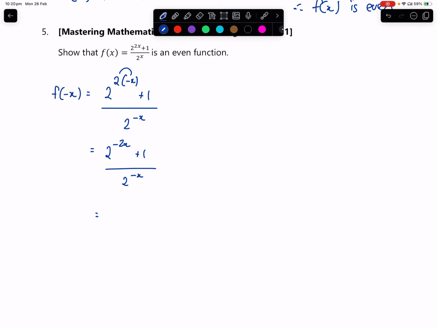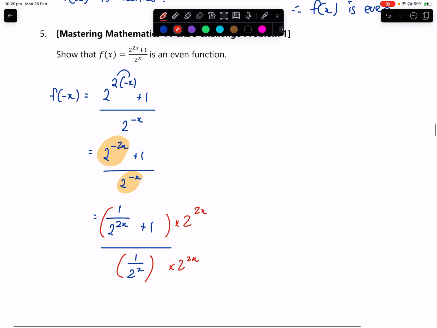Then each of these can change form because they're both negative powers. How they change is you write 1 over itself without the negative power. Now the fastest way to simplify this is to multiply both top and bottom by the lowest common multiple at the bottom, which is 2 to the power 2x.